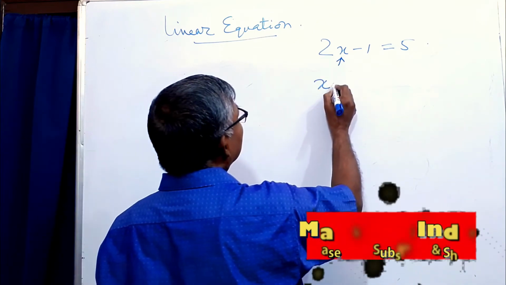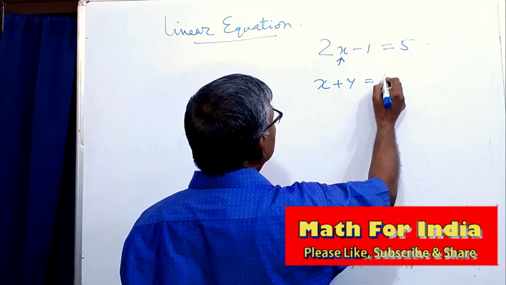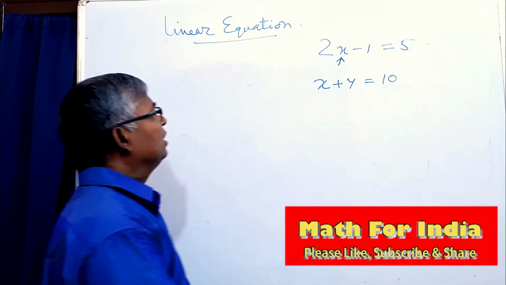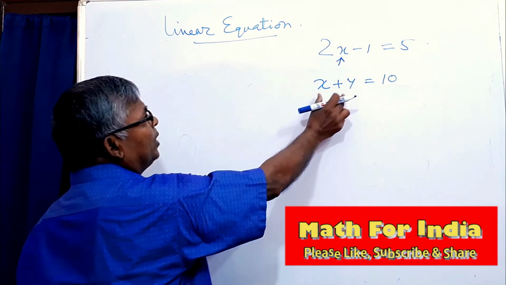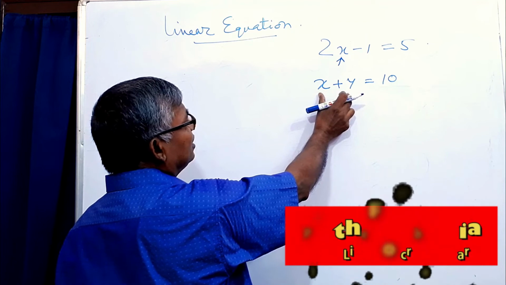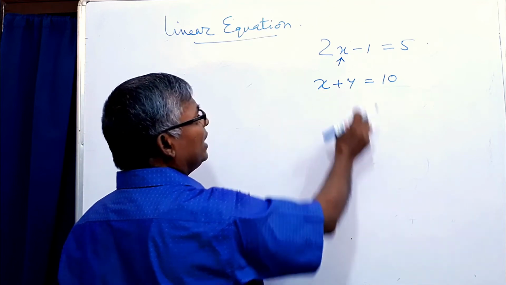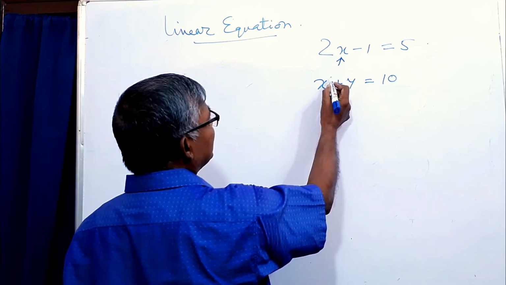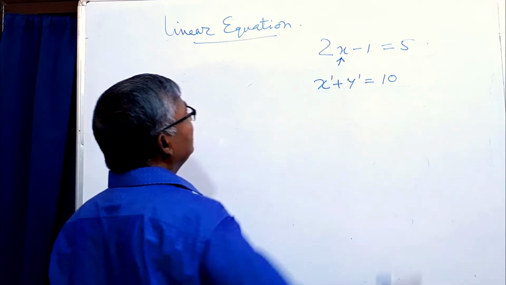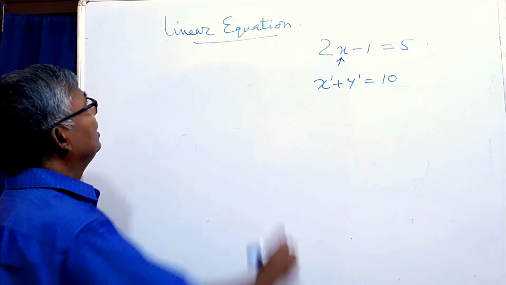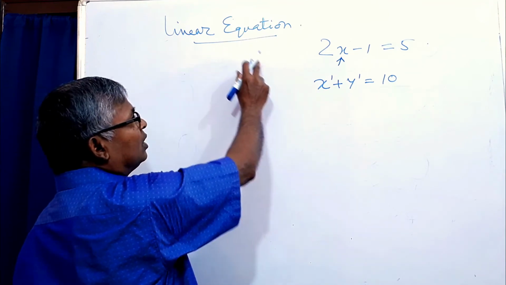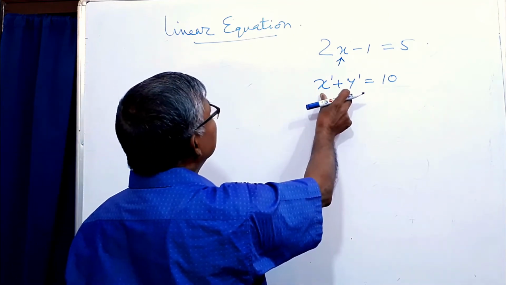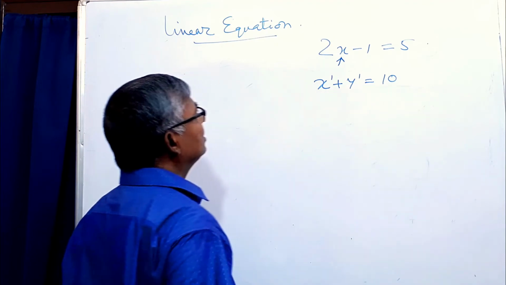Suppose x plus y equals 10. Here two variables are related, x and y, and the highest degree of each variable is 1. It is also called a linear equation, but a linear equation in two variables.